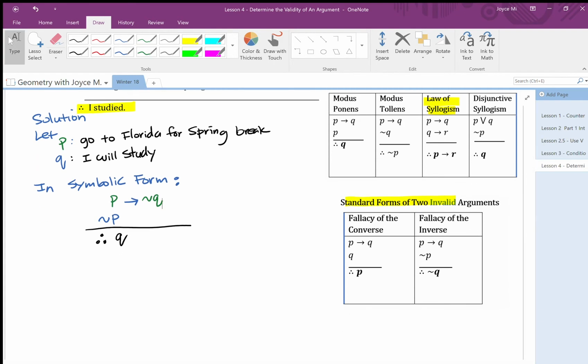So for the standard form, I can just write the reason for it.